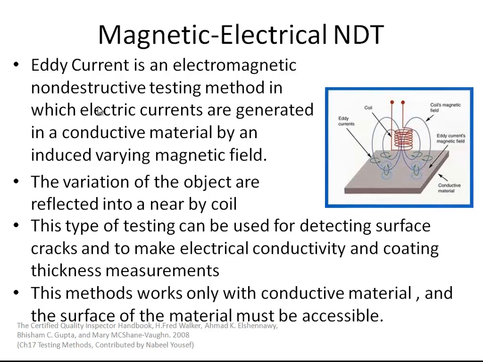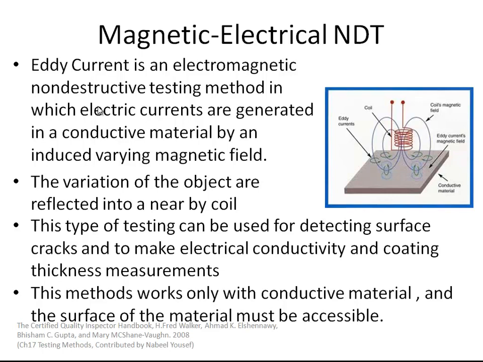For the magnetic electrical, we said that as an example of that, we have the eddy current, which is a type of electromagnetic non-destructive testing method in which electrical current is generated in conductive material by an induced varying magnetic field. So we have a magnetic field that changes, producing electrical current, and that will be used to test the material that I have.